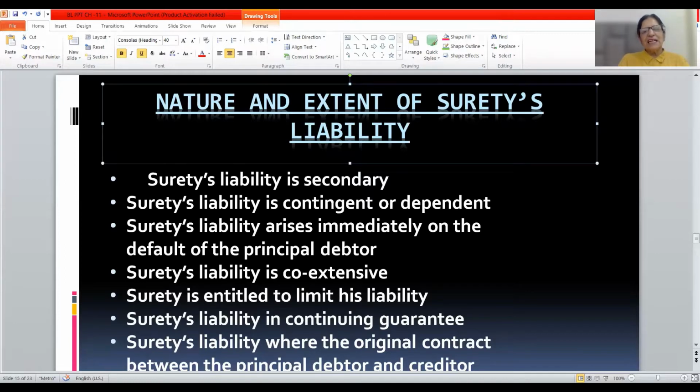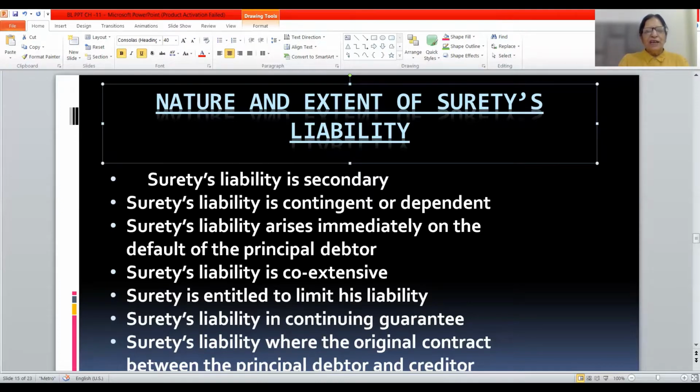Contingent means conditional, and dependent means it is not independent. Independent liability is that of the principal debtor. So surety's liability is always conditional and dependent. It is dependent upon whether the liability is discharged by the principal debtor or not.